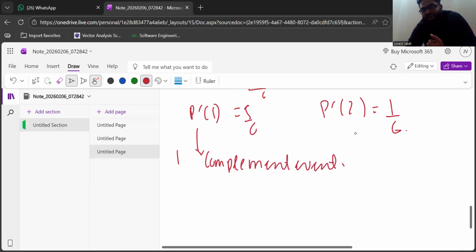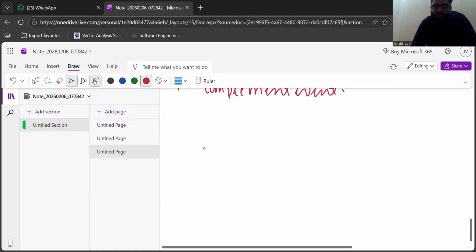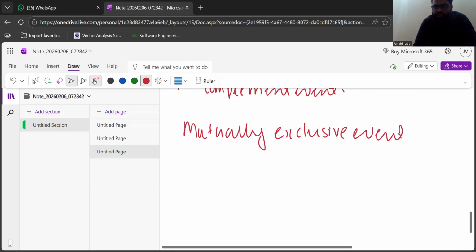And let's just move to mutually exclusive events. They are part of the independent events. Mutually exclusive events are written this way, where A and B are two events.